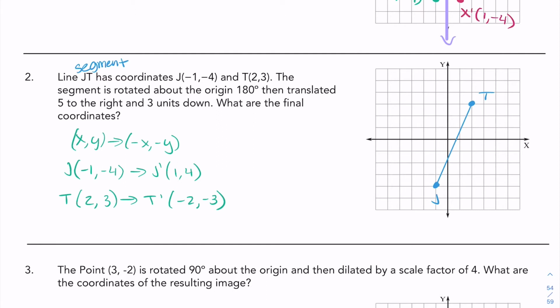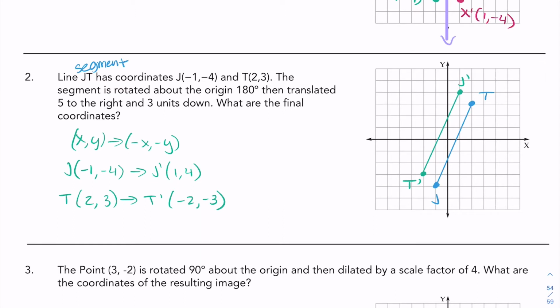So now I have J prime at 1, 4 and T prime at -2, -3. All right, so that was a rotation.